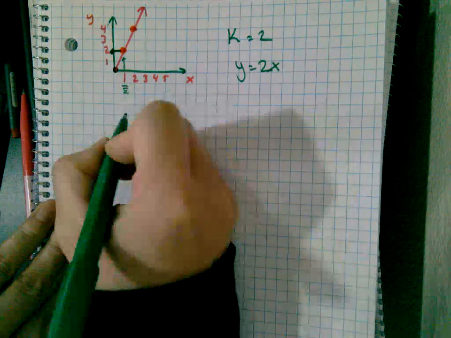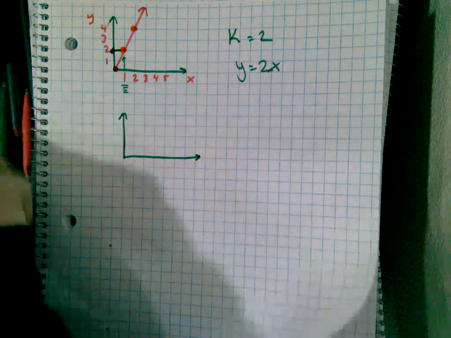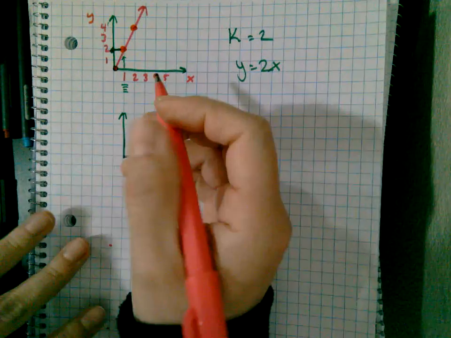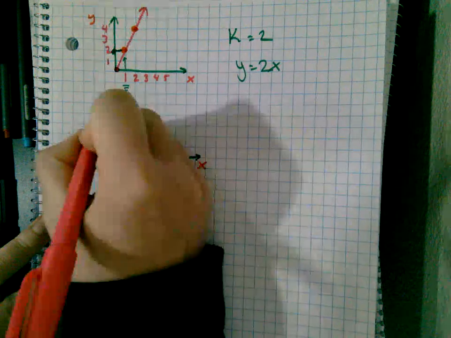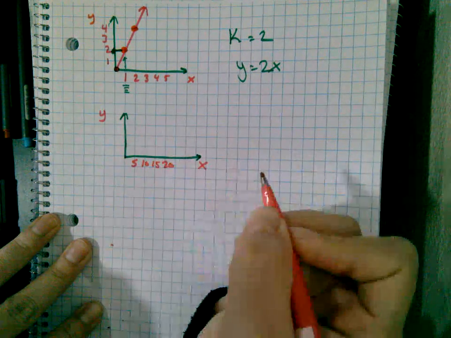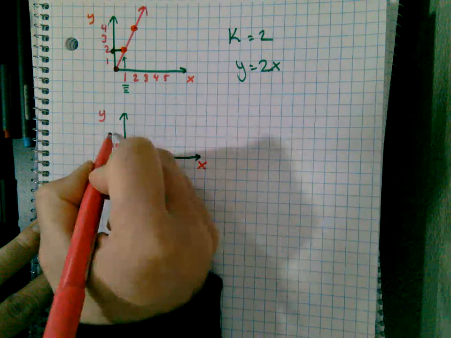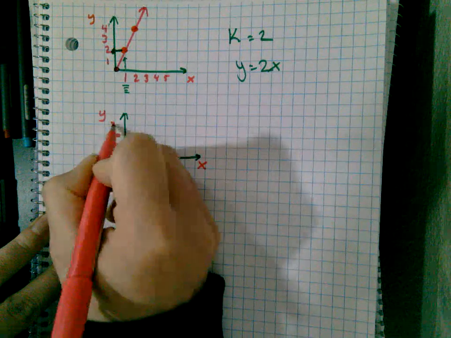Next level. And it's not hard at all, especially if you understand this. X, Y. 5, 10, 15, 20. 10, 20, 30.